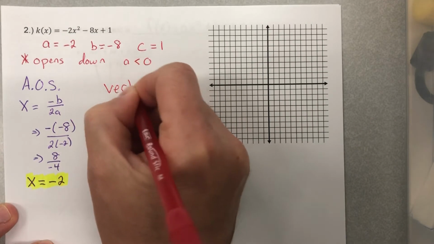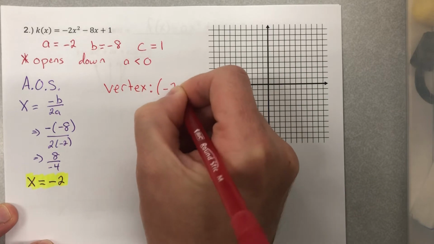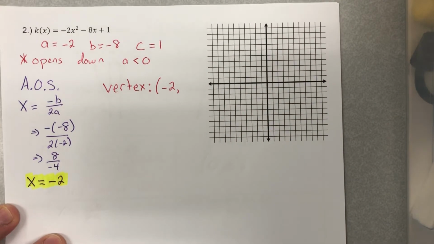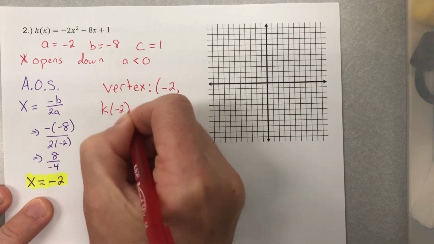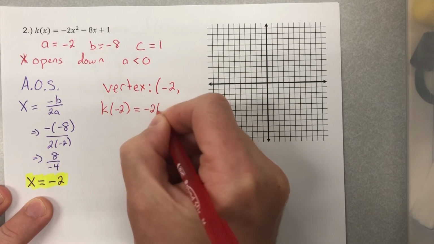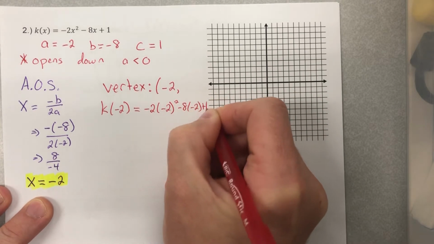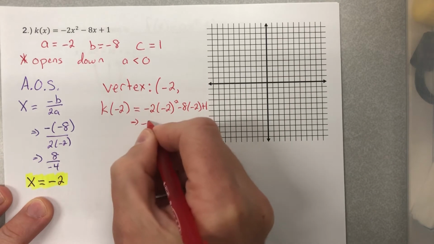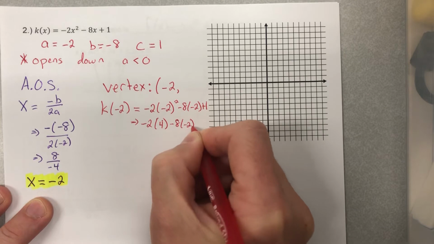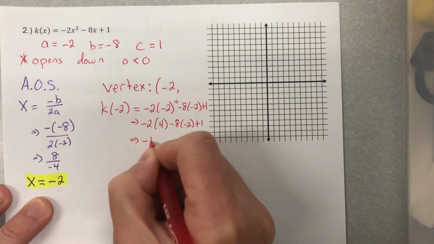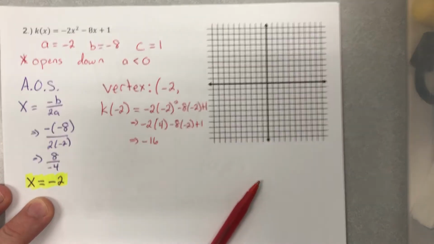Now, because I already have that point, the axis of symmetry is the x-coordinate of my vertex, I also need to find the y-coordinate. Remember, to find the y-coordinate, we would plug in our x-coordinate into our equation. This would be -2 times 4, -16, sorry, not -16, -8.